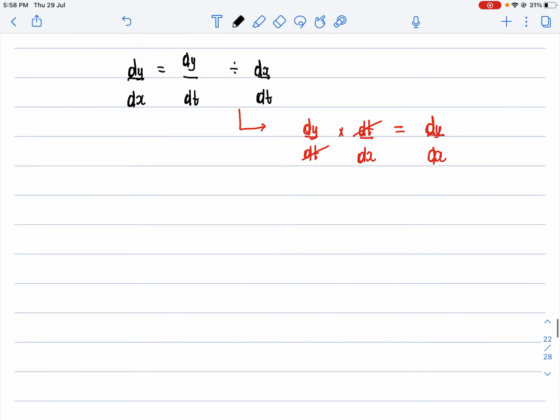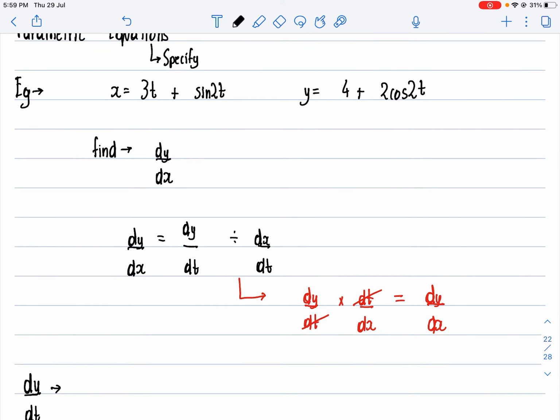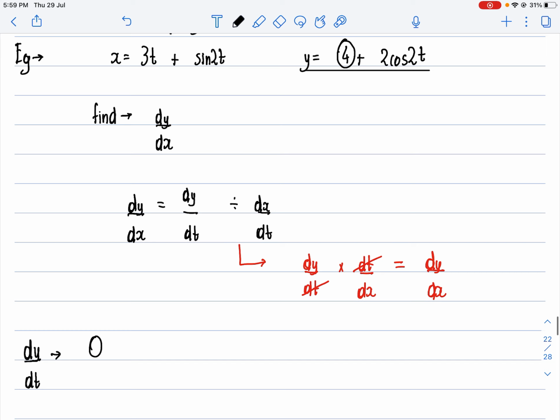The first thing you do is calculate dy by dt, which is the differentiation of y equals 4 plus 2 cos 2t. The differentiation of 4 is 0. Then the differentiation of cos is minus sine.